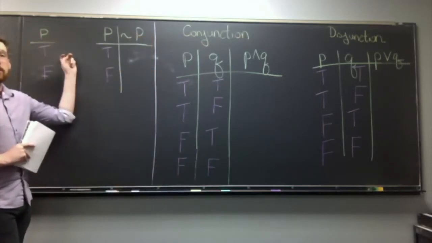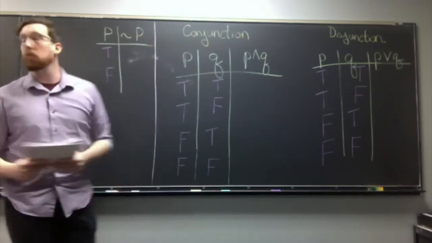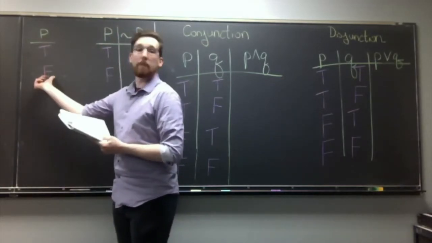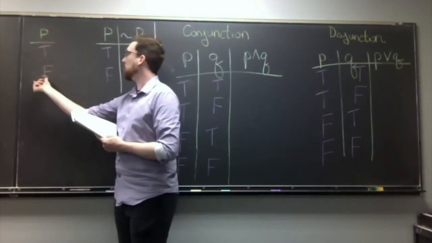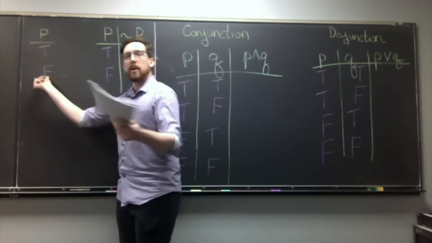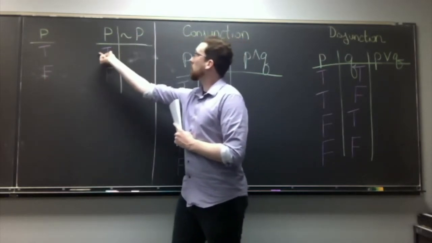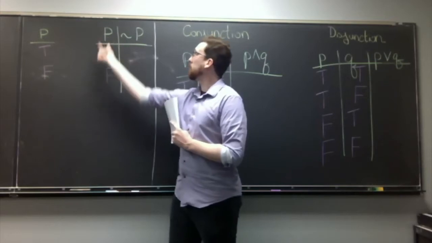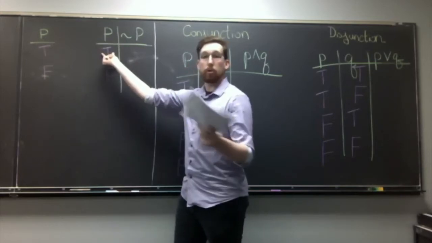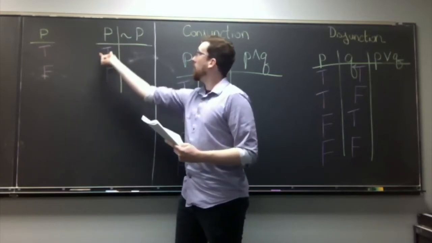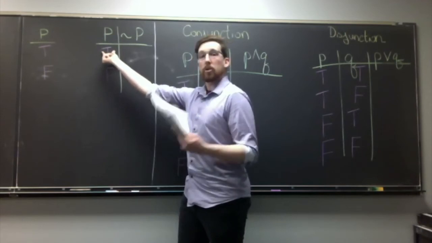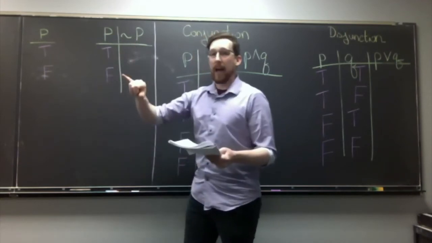Like I said, the most simple case of a truth table would be the table for just the statement P. It's either true or it's false. Now, if we wanted to look at the truth table for the negation of P, we would start by writing out the table for just P. Again, P is just true or false. But the negation of P turns the truth value into the opposite of that.